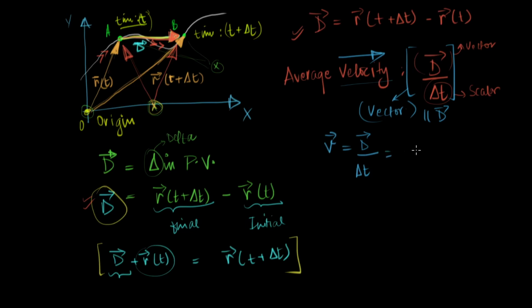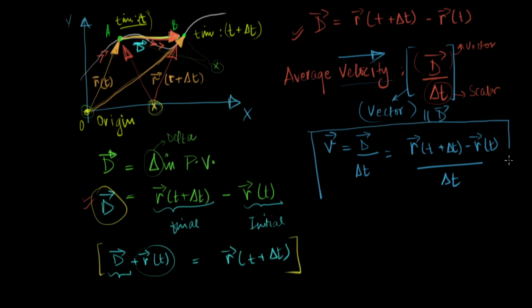I can expand this as follows: r of t plus delta t minus r of t, divided by delta t. Now, if you look at this form of average velocity, which is the displacement traveled divided by the time, this gives me average velocity. And it's very similar to how we define derivatives in mathematics for functions.